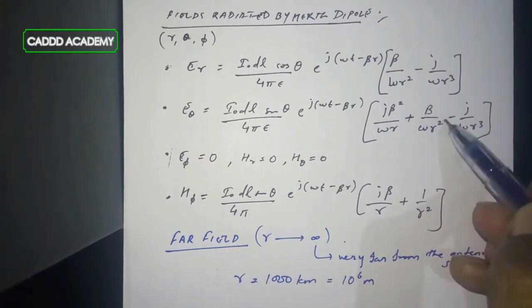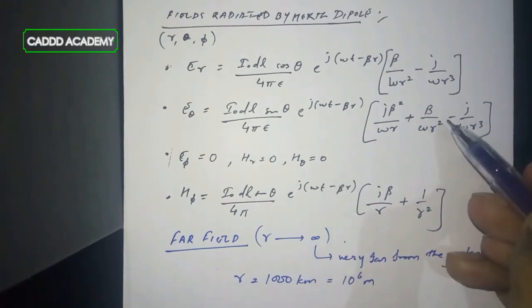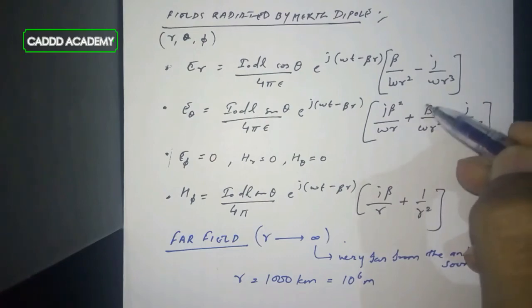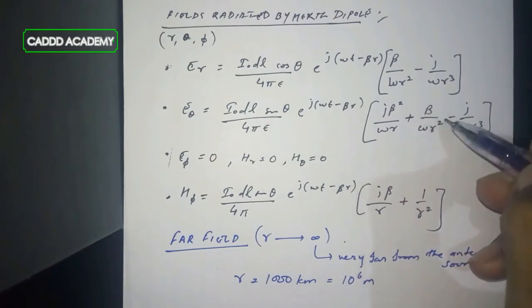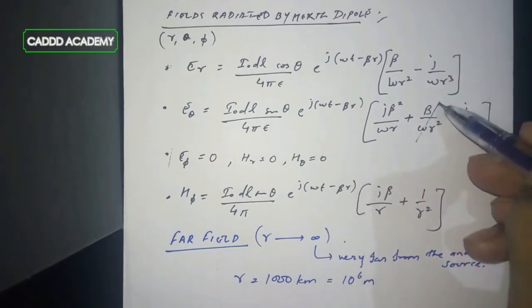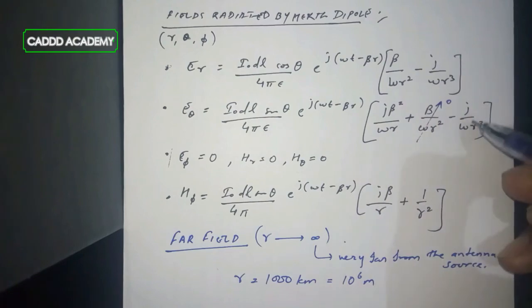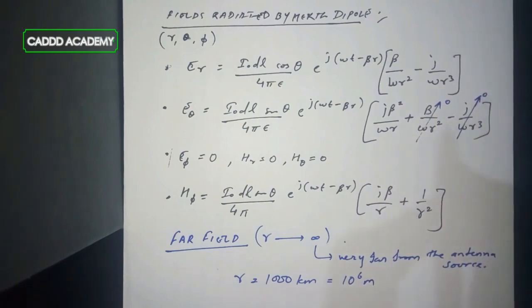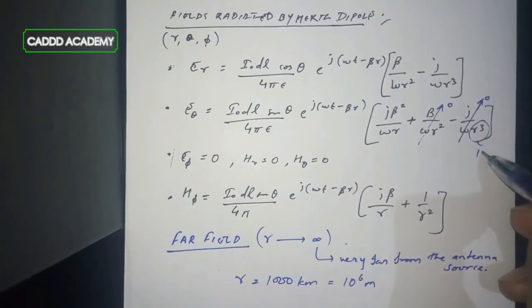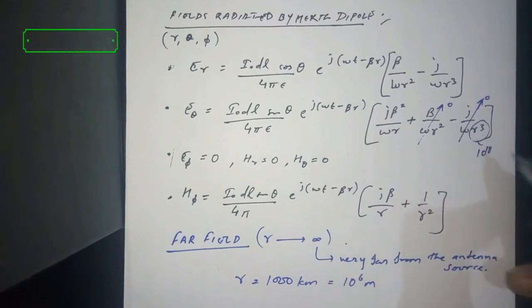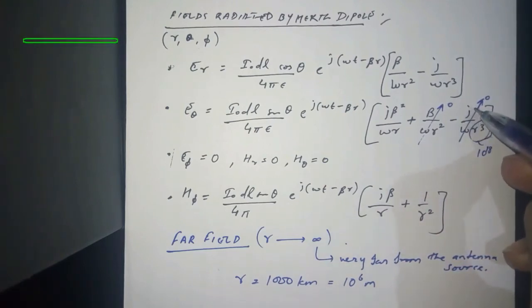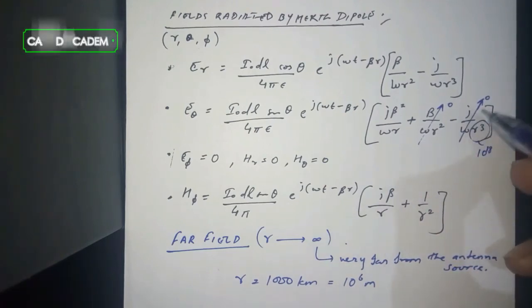So r square will be much larger, 10 to the power 12, and the term with r square in the denominator will be approximated to 0. This r cube will be 10 to the power 18, so that term will be 0 again, since 1 divided by 10 to the power 18 is approximately equal to 0.